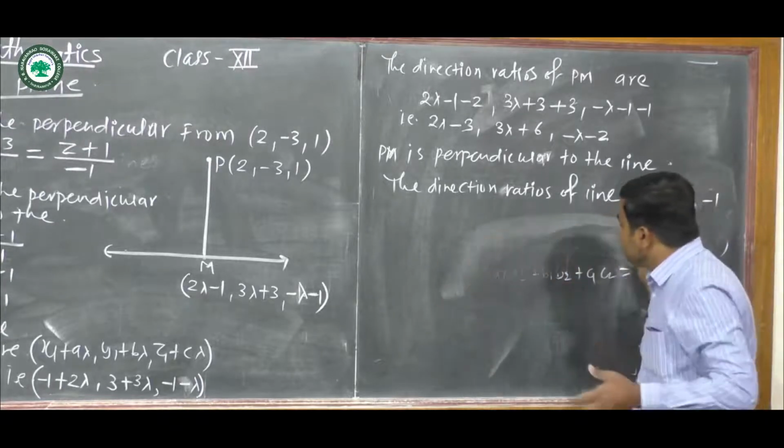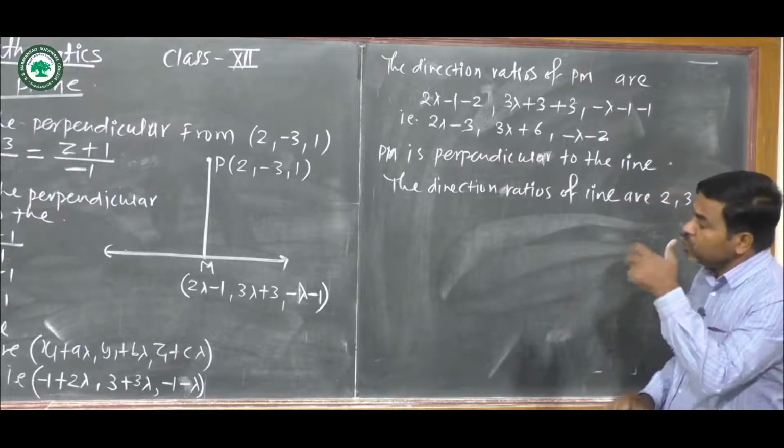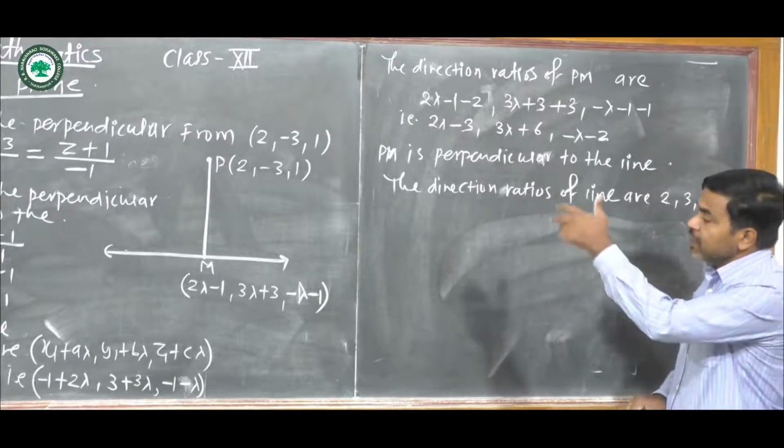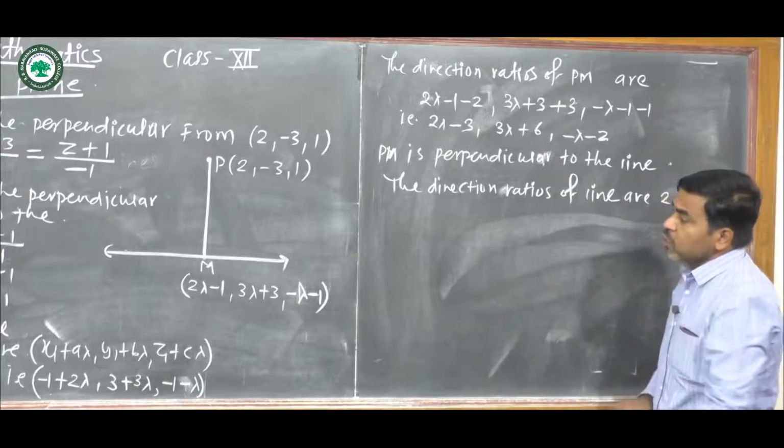Now here PM is perpendicular to the line. The direction ratios of PM are known to us. Direction ratios of line are also given, that is 2, 3, minus 1.